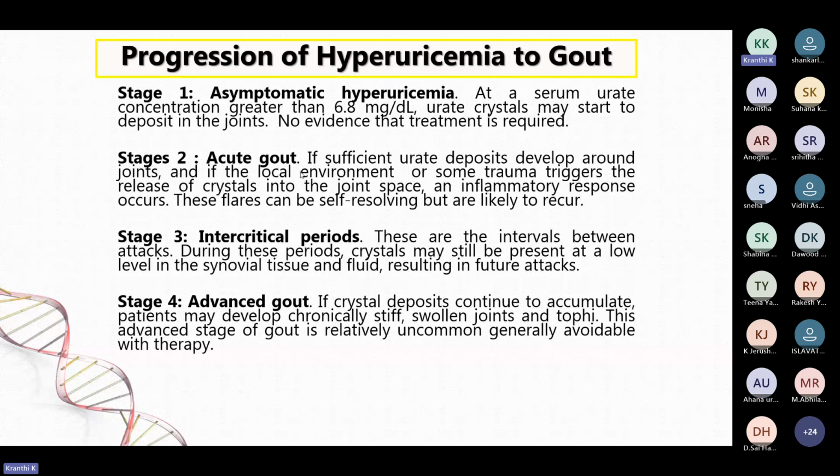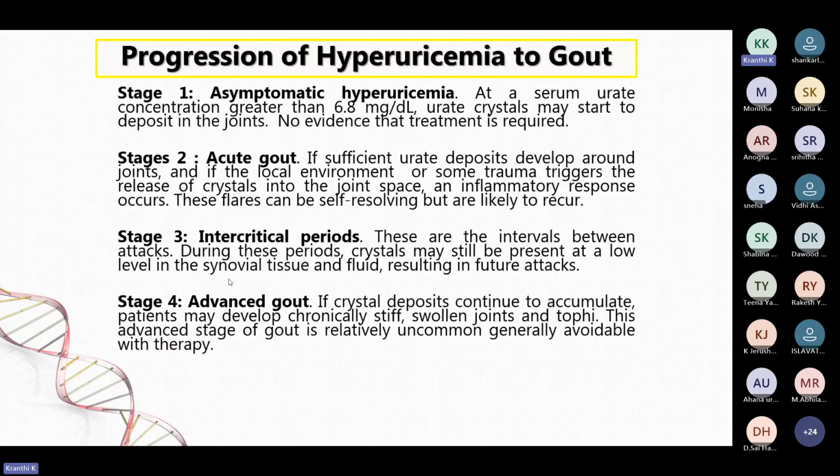Then acute gout. If sufficient uric acid deposits develop around the joints, and if the local environment or some trauma triggers the inflammation, okay, the release of crystals into the joint space and an inflammatory response occurs. These flares can be self-resolving but are likely to recur. Again, they may recur. Then intercritical periods. It's an acute one.